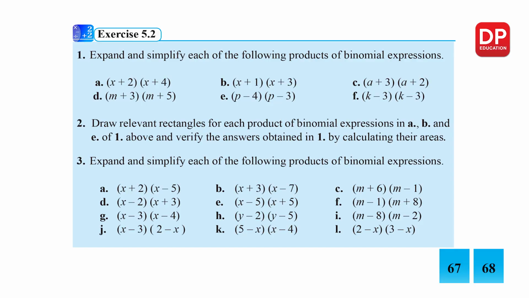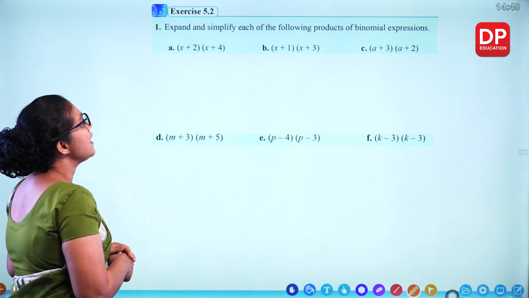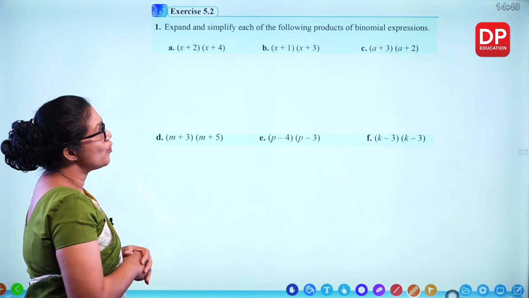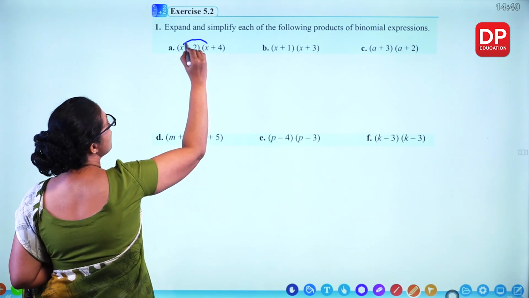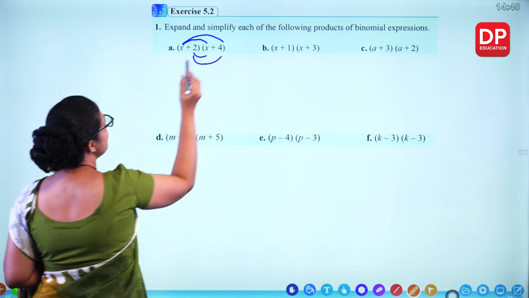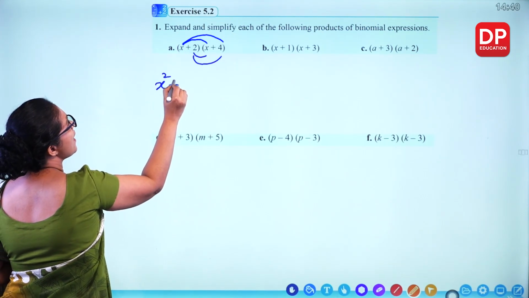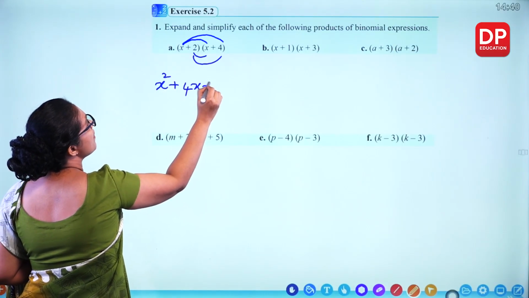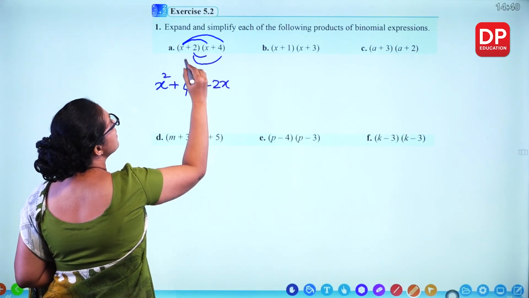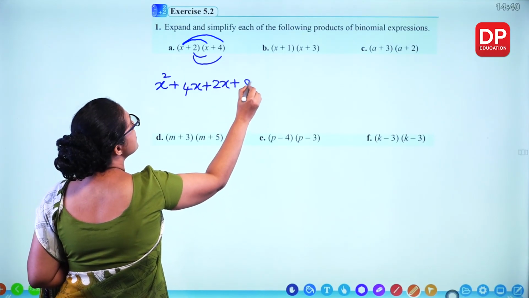Exercise 5.2. Expand and simplify each of the following products of binomial expressions. So we'll use the FOIL method. X squared plus 4x plus 2x plus 8.